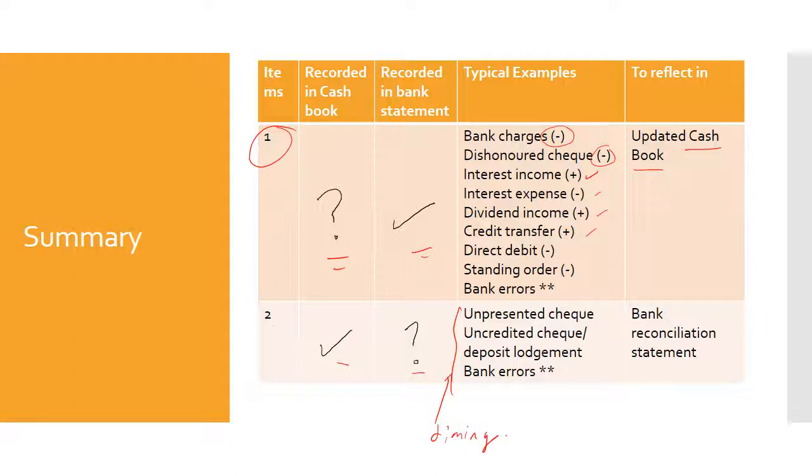Like for example, unpresented check, uncredited check deposit or lodgements. So then what you need to do is make sure that these are reflected in your bank reconciliation statement, right? So the important technique here is to identify in the question which item is it. Are these items that fall under category 1 or category 2? That's very important to confirm.